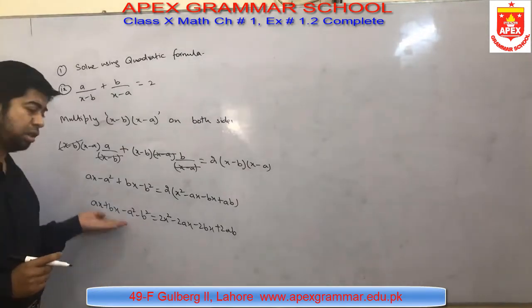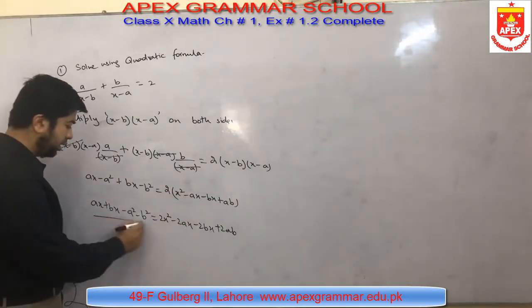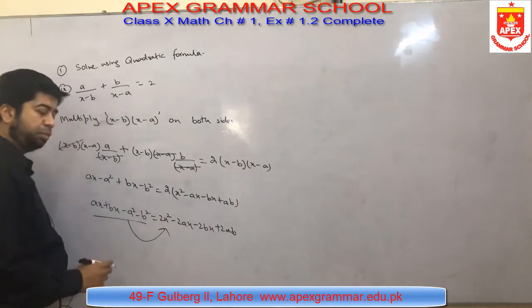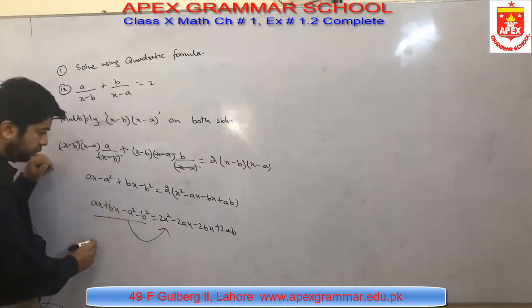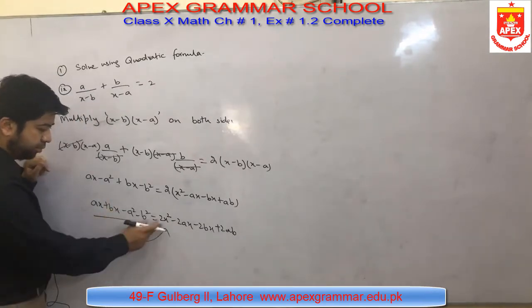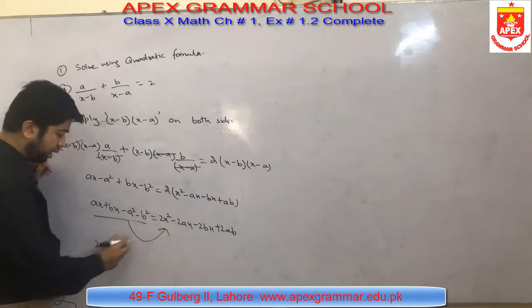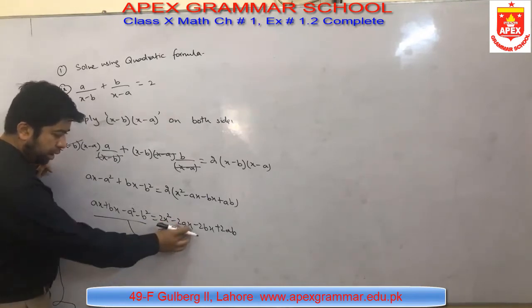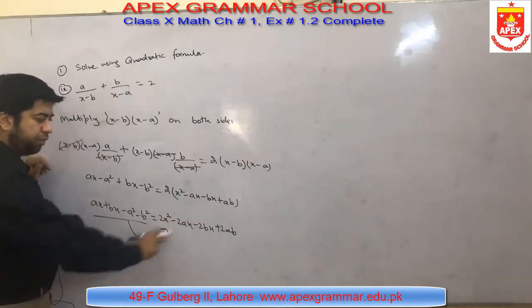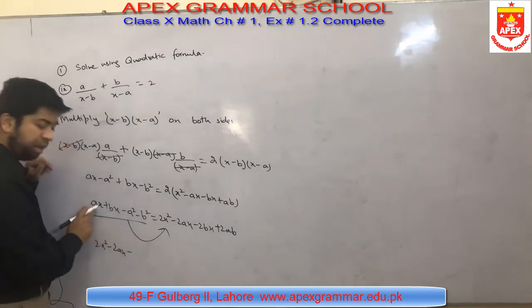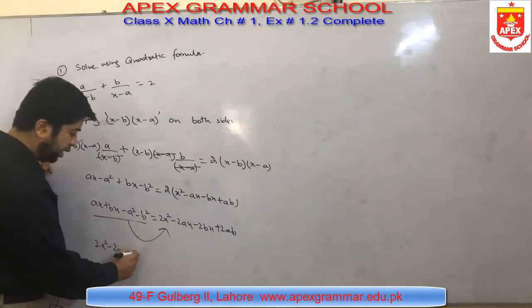Just move all these values to the right hand side. After moving, 2x square, after that minus 2ax, and this ax, after shifting to the right hand side, becomes negative, so negative ax.